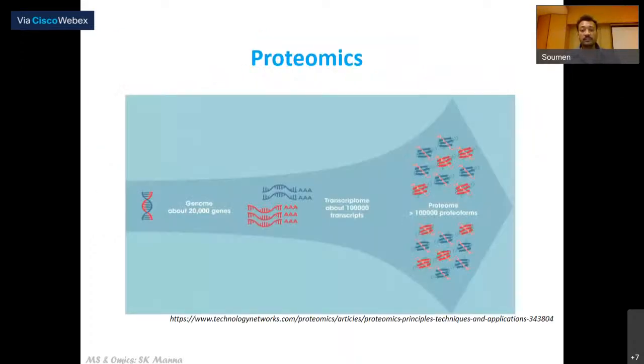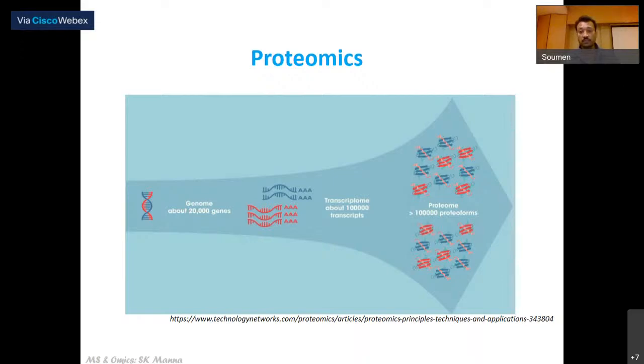Now we'll come to proteomics. As we know, proteins are the executive agents. We have approximately 20,000 protein-coding genes, and from them, with different types of splicing and so on, you can have approximately 100,000 transcripts.